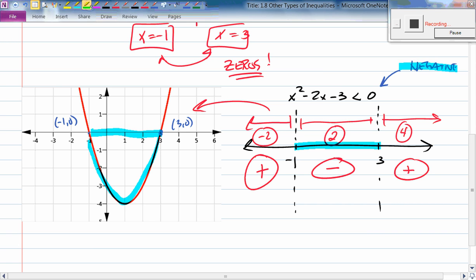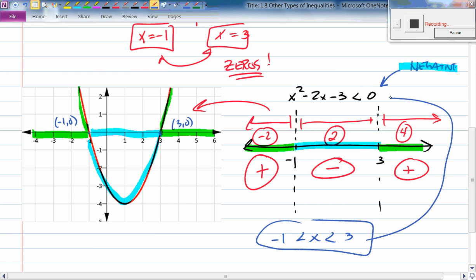And all the other numbers in my green regions, for these values of x, are above the x-axis, which makes them positive. So the answer I'm looking for is -1 < x < 3. This answer gives me an inequality for which that polynomial is negative.